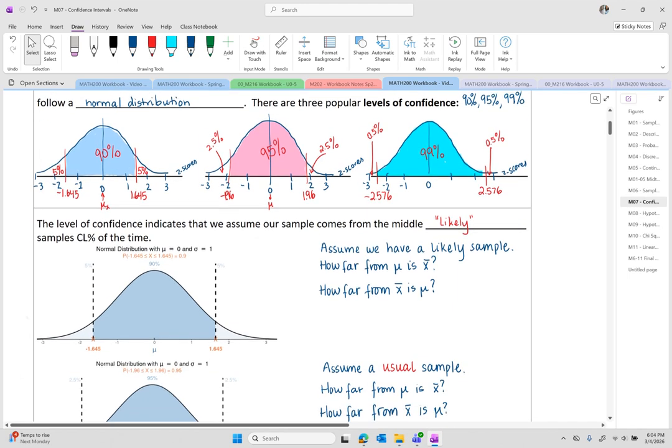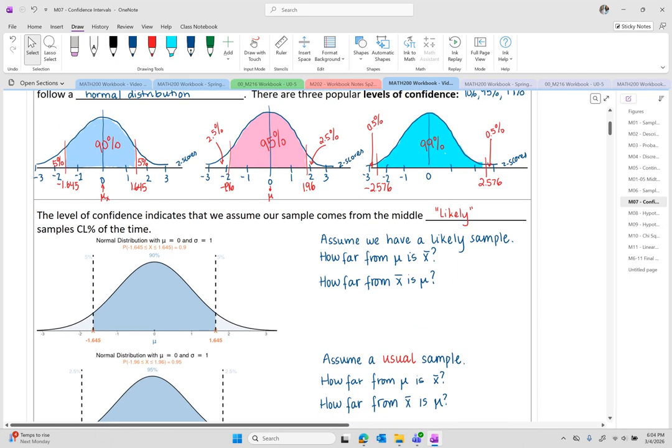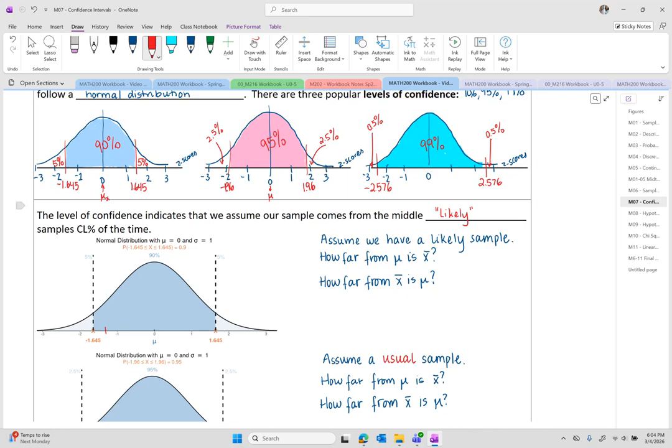So at a given confidence level, this is the 90% in the first graph. We assume that 90% of the times we will get a sample that has a mean within the interval of likely values. So we expect our mean to be here, here maybe, it could be here, it could be here, it could be very close to 0, it could be as far away as 1.645.